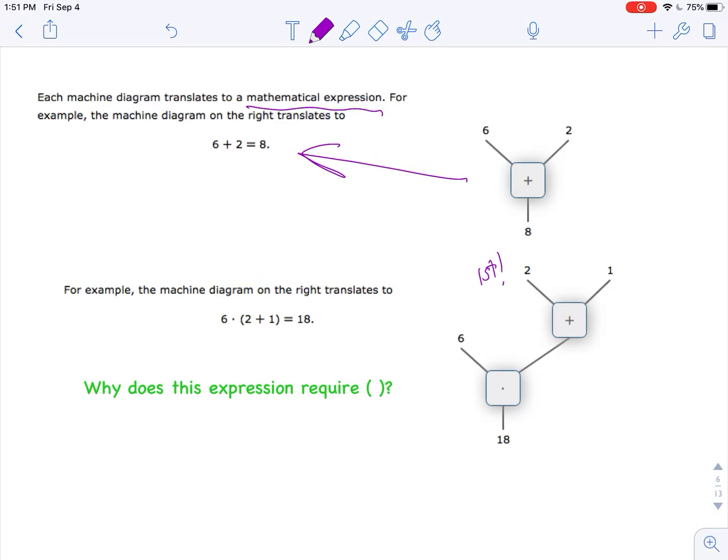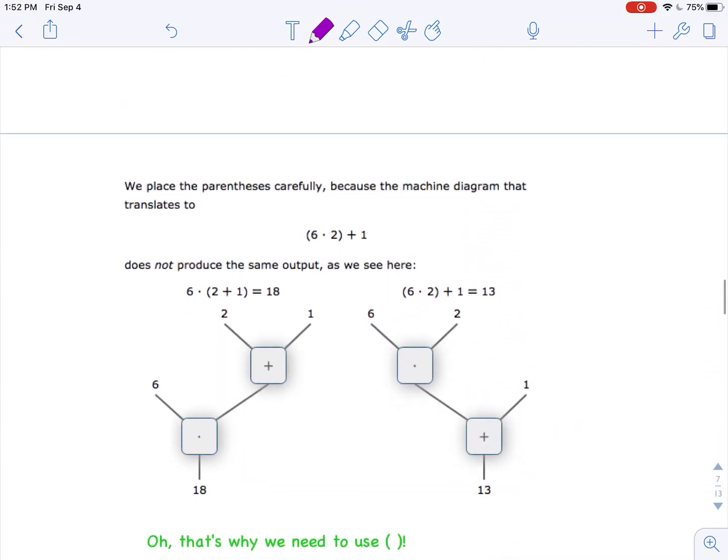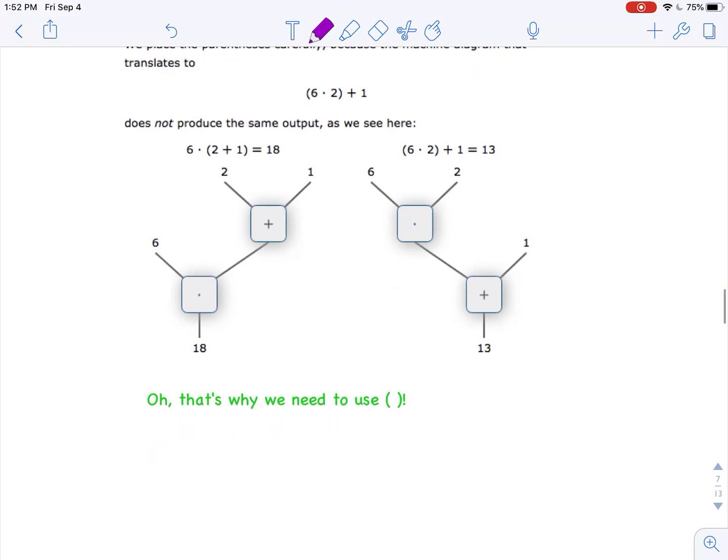Now, whenever we want to do an operation first, we can wrap it in parentheses. That's why this expression is going to require the parentheses, because if I don't put parentheses, it's going to read it as 6 times 2 plus 1, which is not 18. See the problem there? That's why it requires parentheses. We must say that we mean to add the 2 plus 1 first.